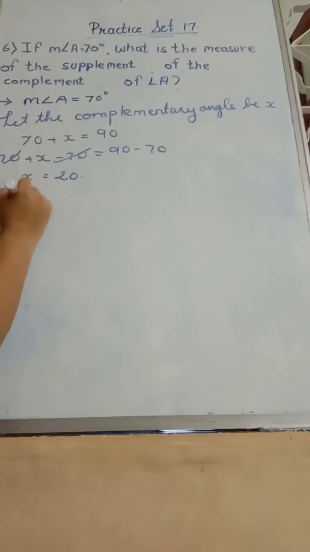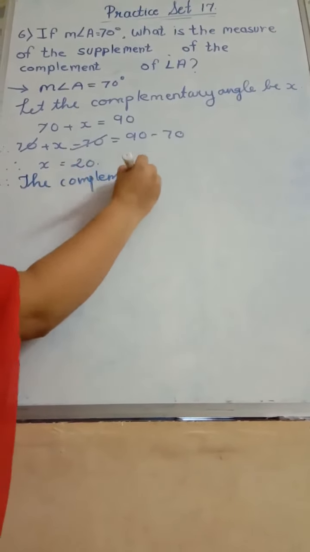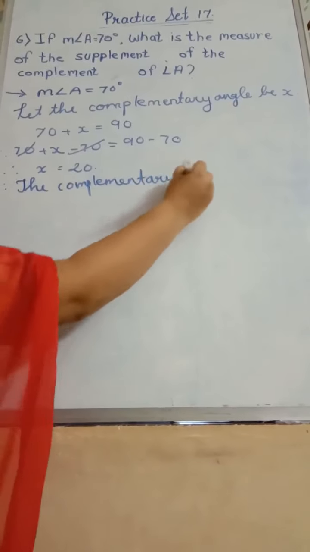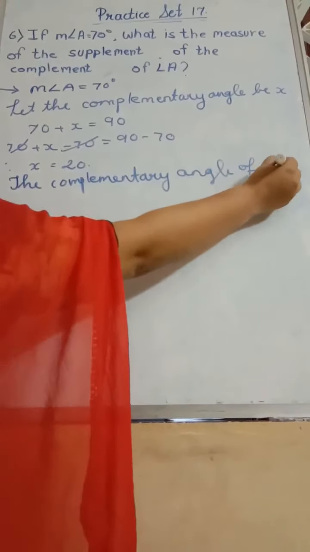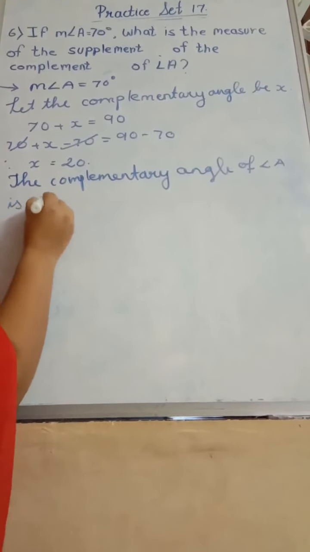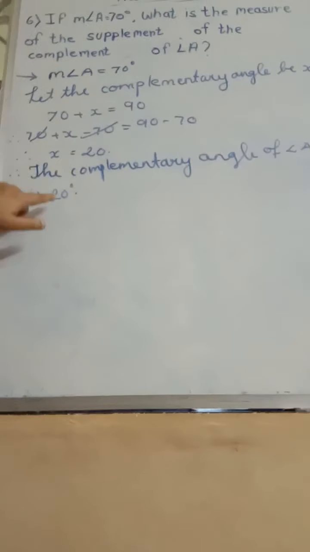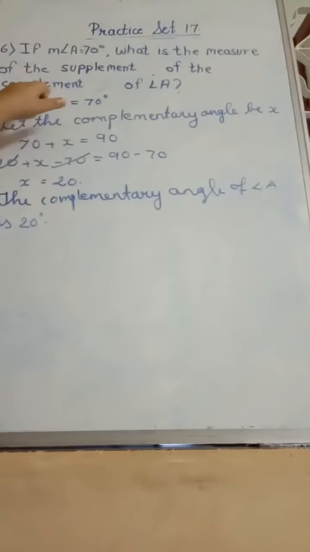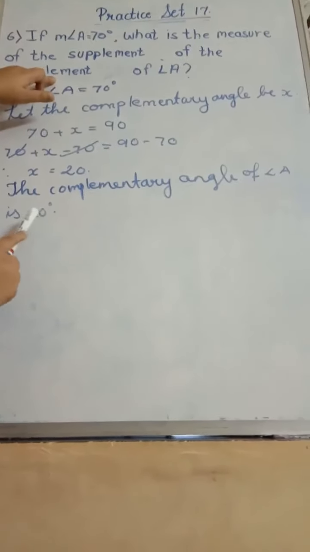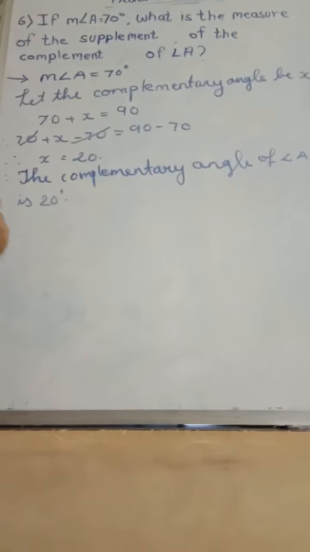Therefore, the complementary angle of angle A is 20 degrees. Do you understand? Now we will find the supplementary of this. See, A's complement we found out. What is that? 20.